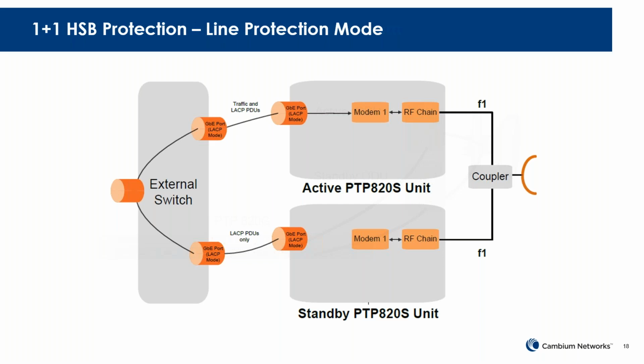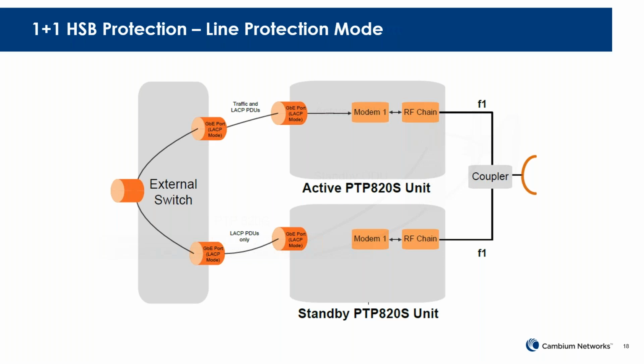So the ports that are connecting to the PTP 20 radio copper ports need to be configured in the same EtherChannel. Then the LACP will detect that the standby radio's port is disabled, so the traffic will be sent to the active radio.